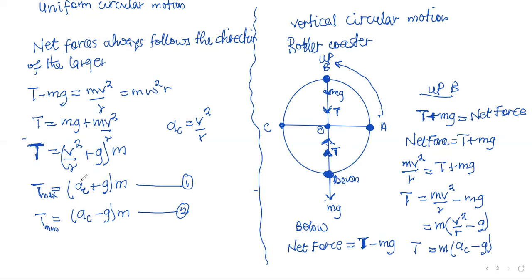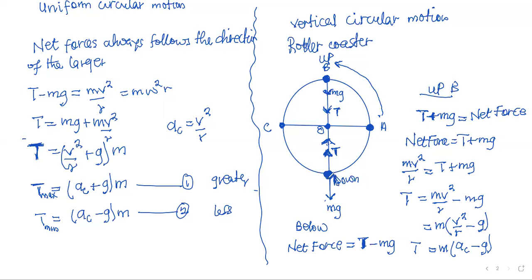This is because, you see, these two are adding up, and here one is subtracted. So equation 1 will be greater, whereas equation 2 will be lesser. So when a body is in vertical oscillation, we have maximum tension down the curve.